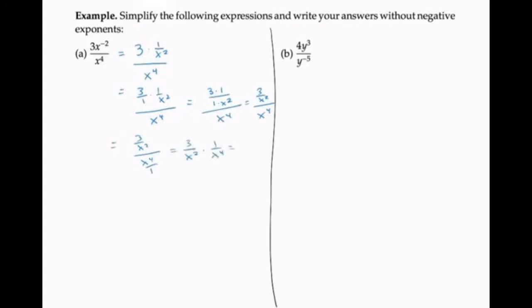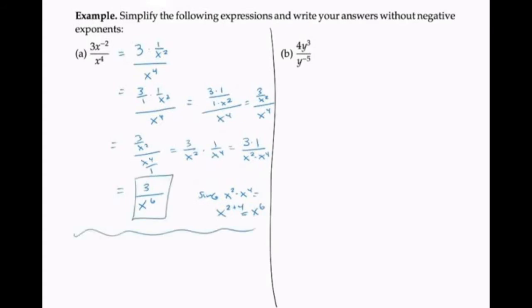That simplifies to 3 times 1 divided by x squared times x to the 4th, which is 3 over x to the 6th, using the product rule, since x squared times x to the 4th is x to the 2 plus 4, or x to the 6th.